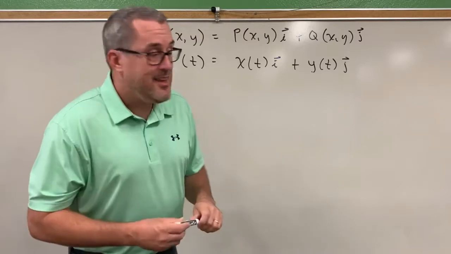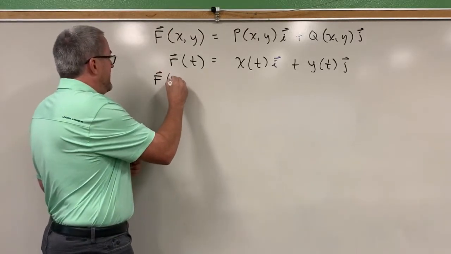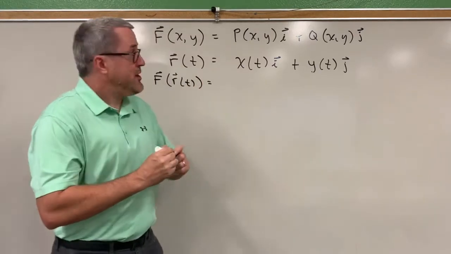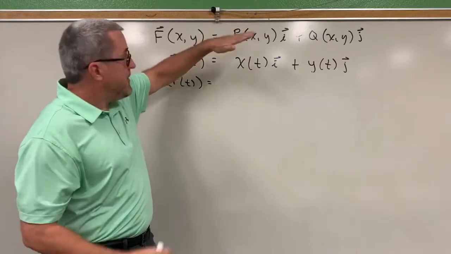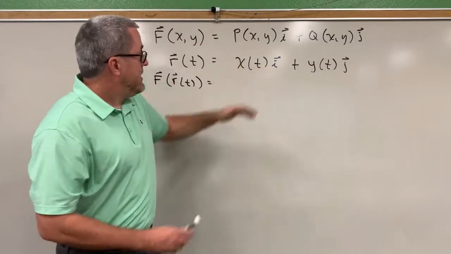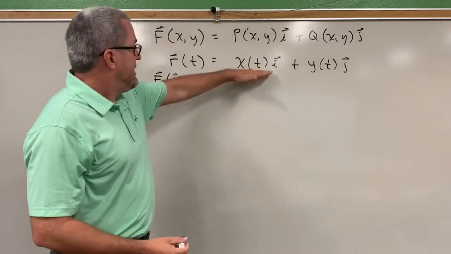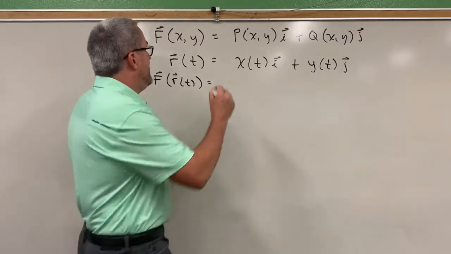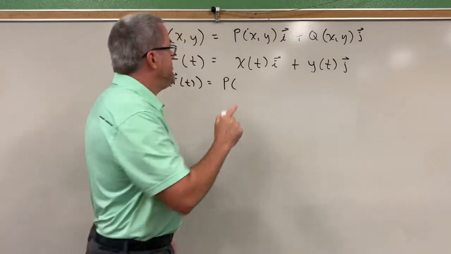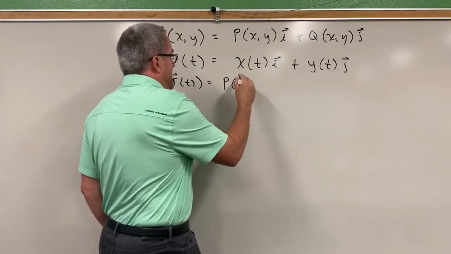Now, to get the line integral, the first move we make is like a composition of functions. As we live in this vector field, we want to make sure we stay on the parameterized curve. So we're going to insert into the vector field the parameterized curve. Where we had P for any x, y, we're now going to isolate ourselves to be only on the parameterized curve.